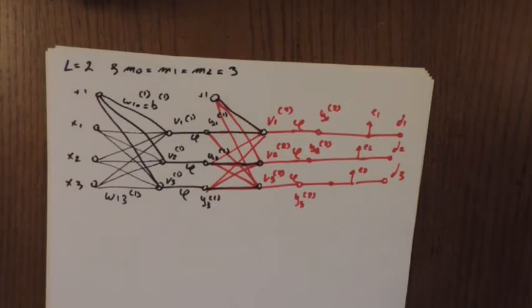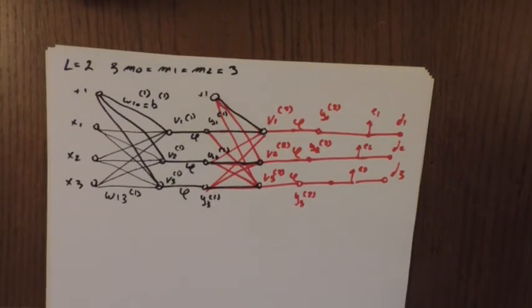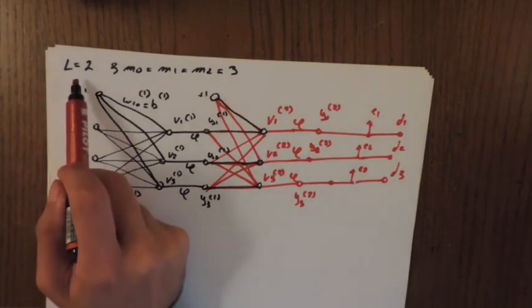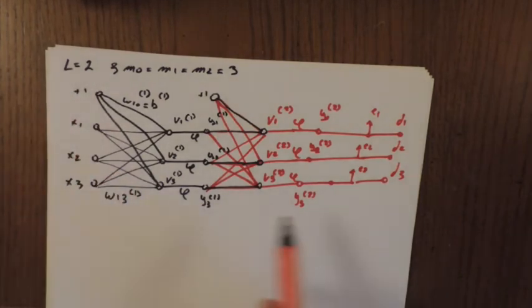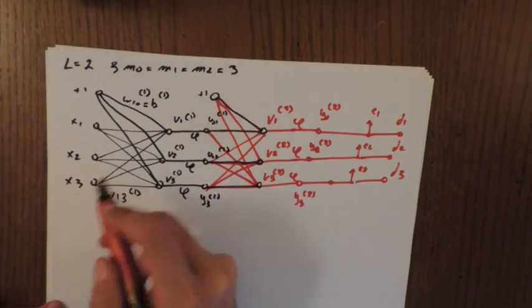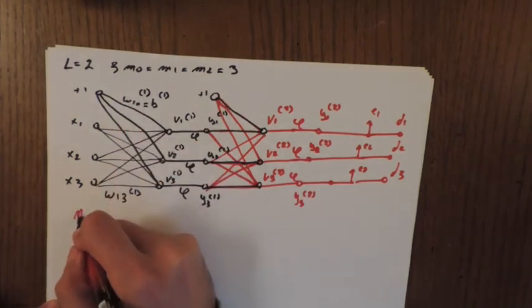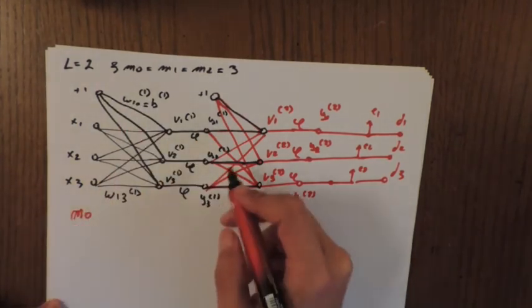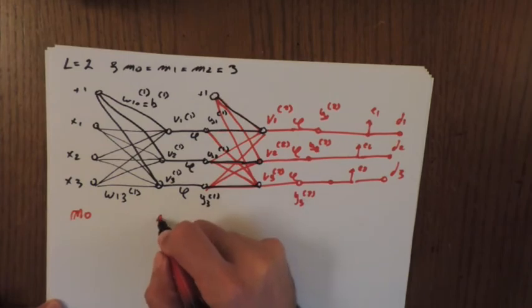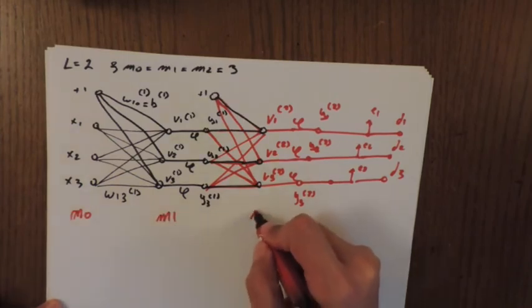So here let's take the case of a multi-layer perceptron where we have two layers. We see L equal to 2, which is the number of layers, so we have two layers. This is the input layer, M0, and this is M1, and this is M2.